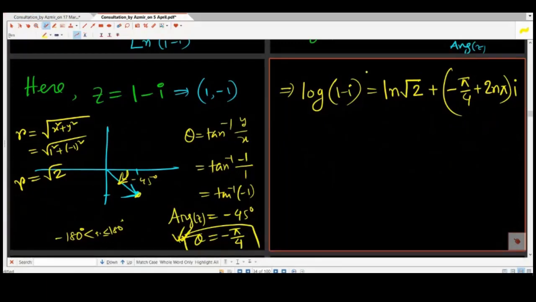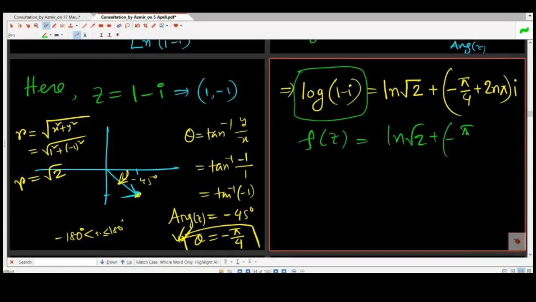And this is the complex log. That means we can say f of z equals natural log of root 2 plus minus pi over 4 plus 2n pi i. So this is our final result.